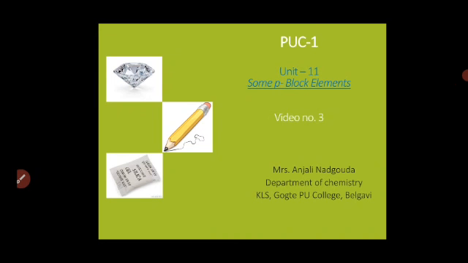The pictures which you are seeing on this first slide, that is diamond, graphite, that is pencil, or silica gel, these elements come under group number 14, which we call the carbon family.